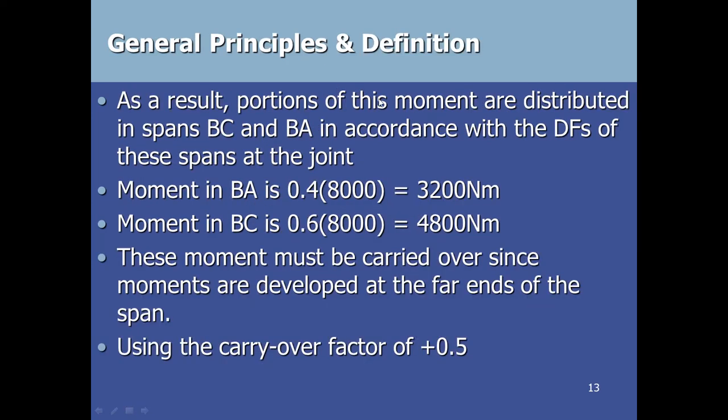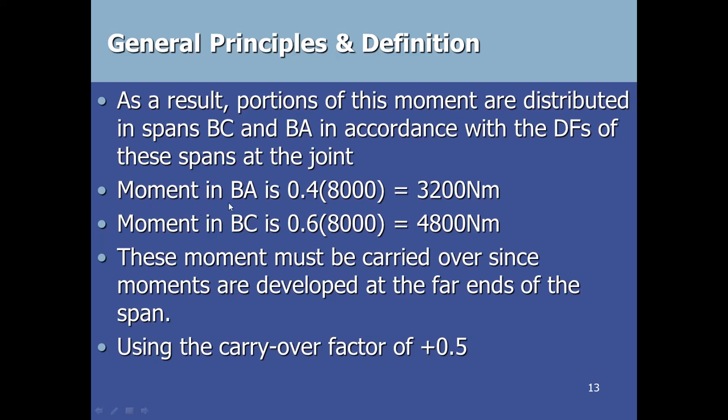As a result, portions of this moment are distributed in spans BC and BA, because there are two parts at joint B. If you look on the left hand side, there is BA, on the right hand side we have BC, and these 8000 Newton meter will be distributed according to the distribution factors of these spans BA and BC.